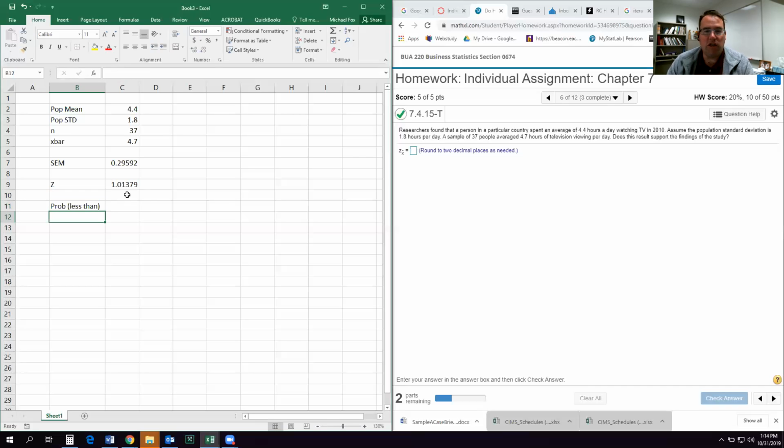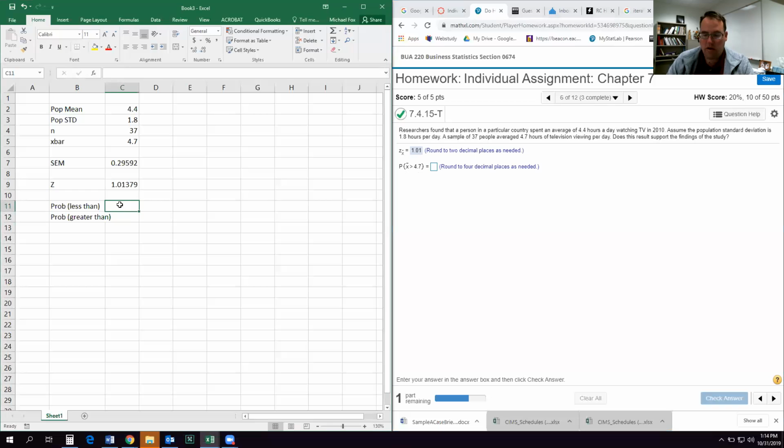And this one, we're actually going to need the probability of greater than. So it asks us for the z-score, 1.01. And then it asks us for our probability that X bar is greater than 4.7.